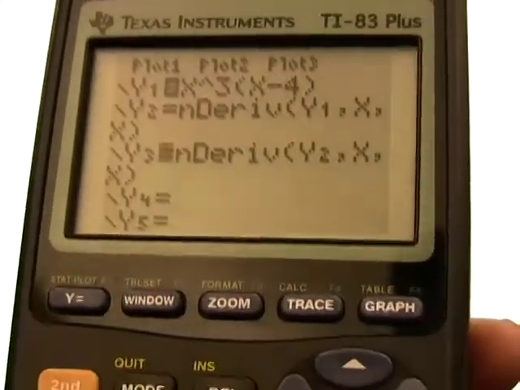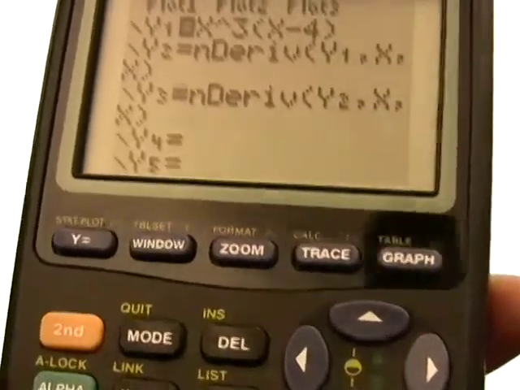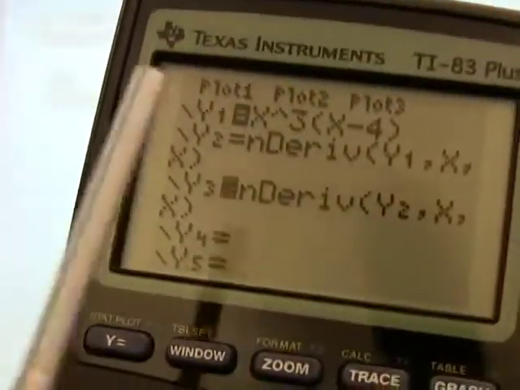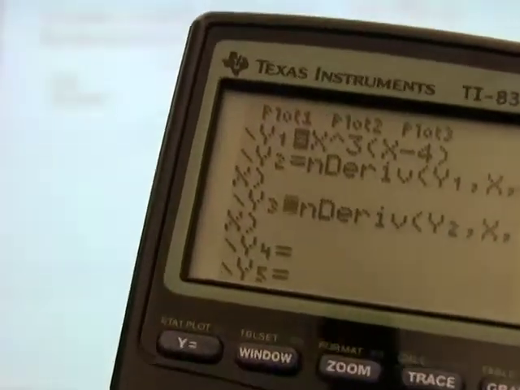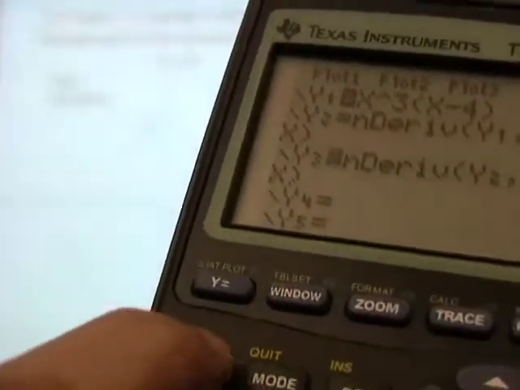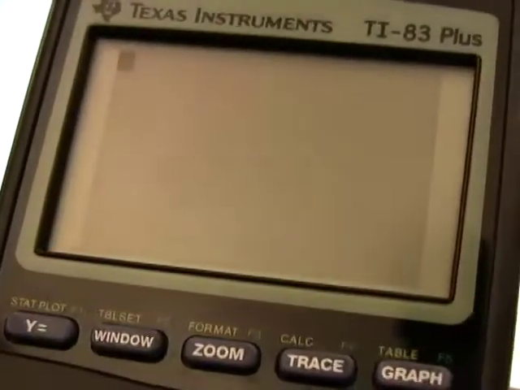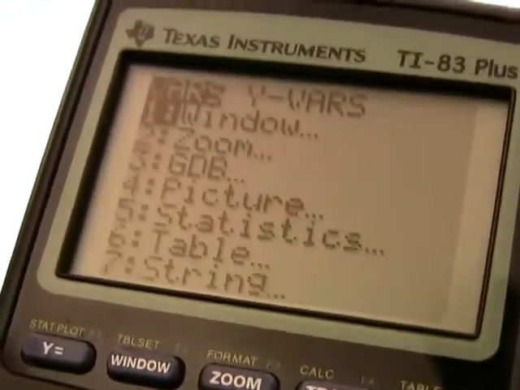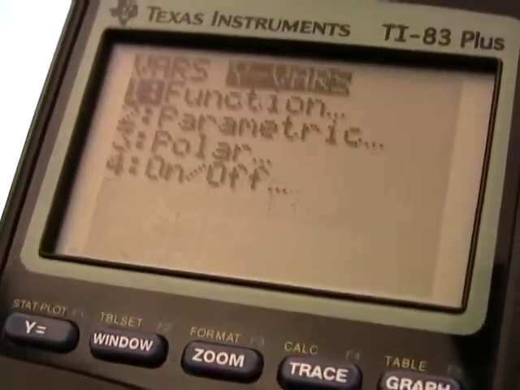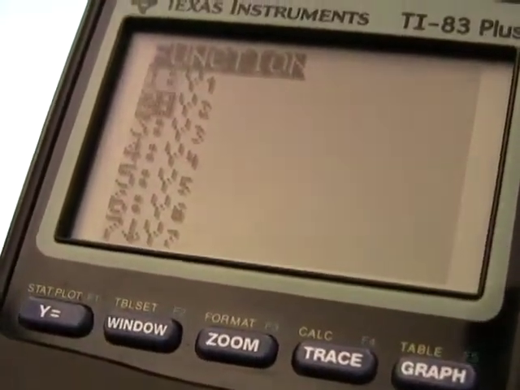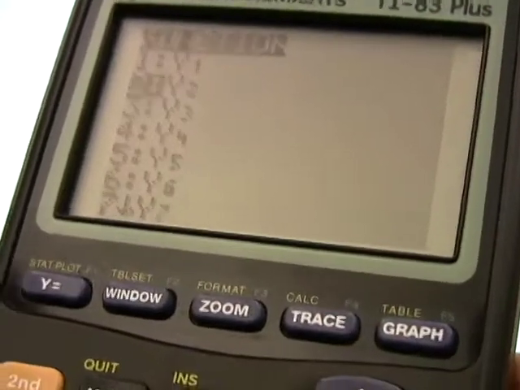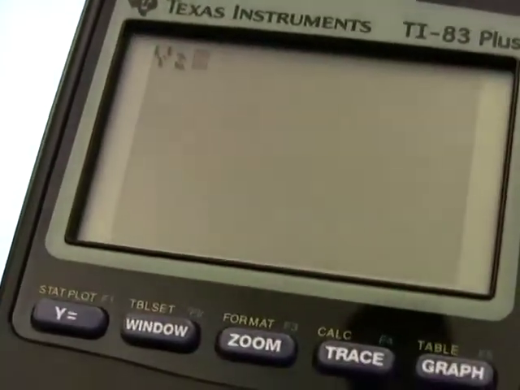We are now doing the first derivative test. That means we need to find the value of the first derivative. First derivative is y2, is that right? So let's quit this and go and pick y2. Vars, right arrow, enter, down arrow once, y2. y2 is our first derivative.